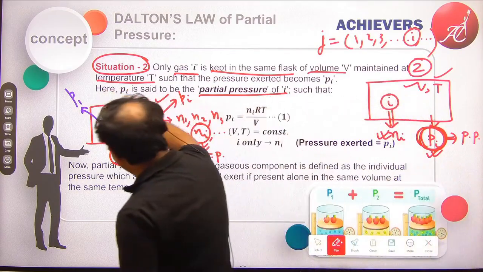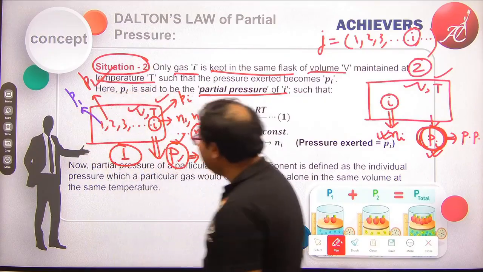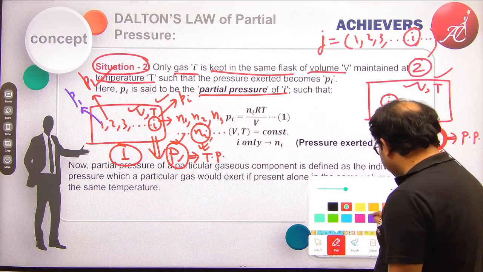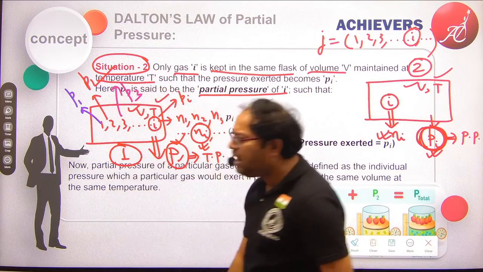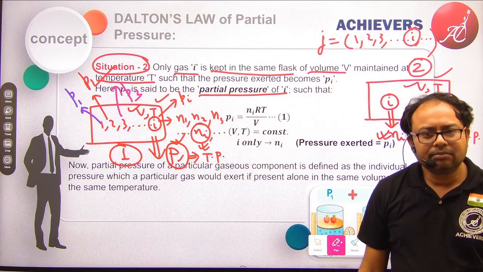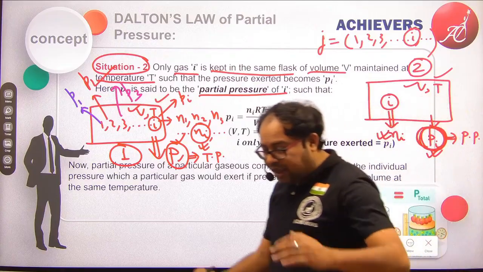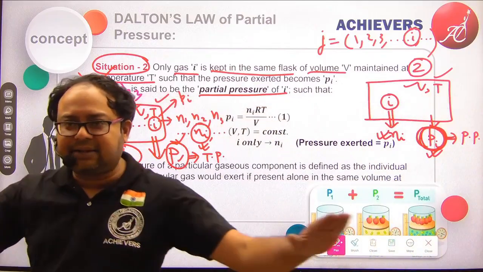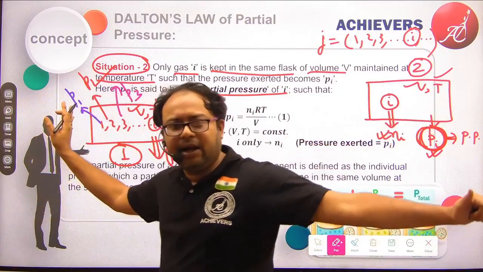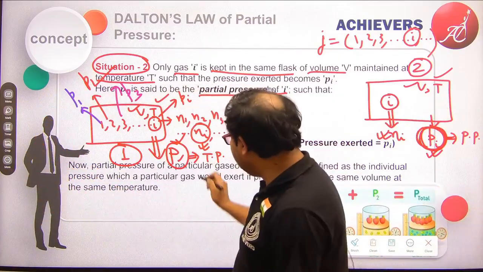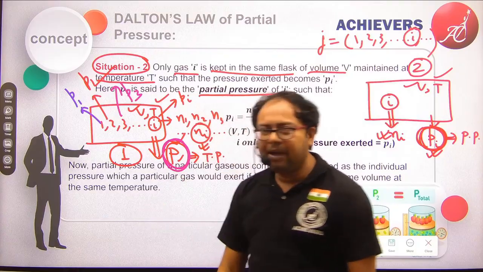Gas 2 will contribute its partial pressure P2. What would gas 3 contribute? Gas 3 would contribute its partial pressure P3, and so on. So if you are keeping all the gases together under the constraints defined over here, you will see that the total pressure is going to be capital P.